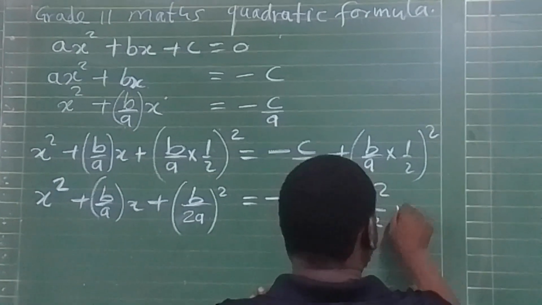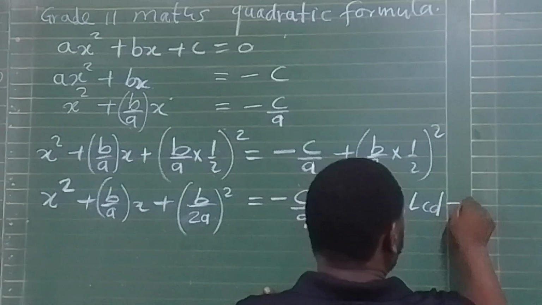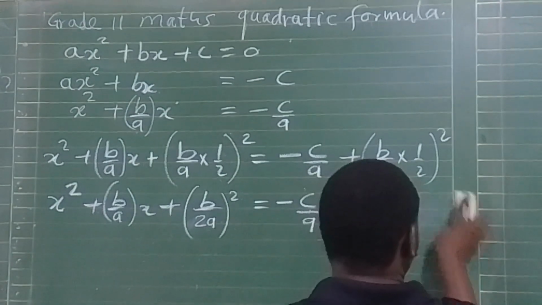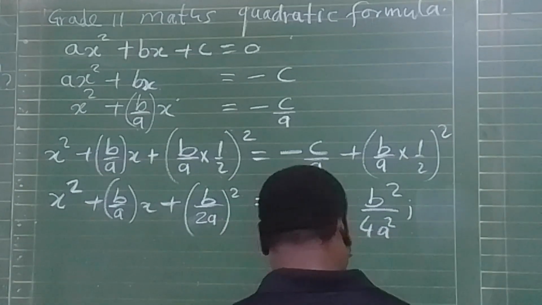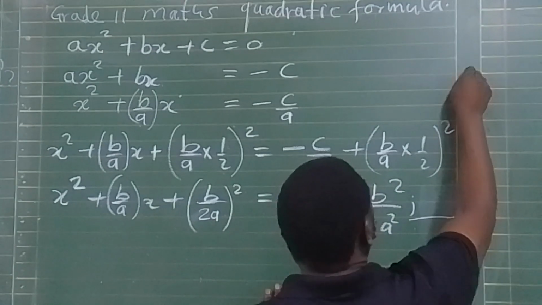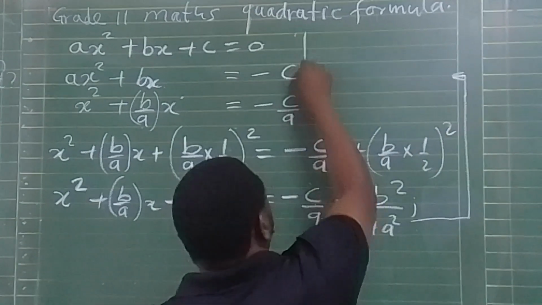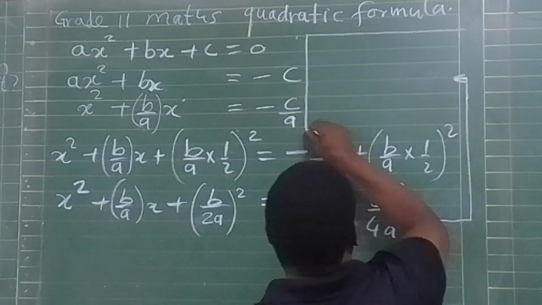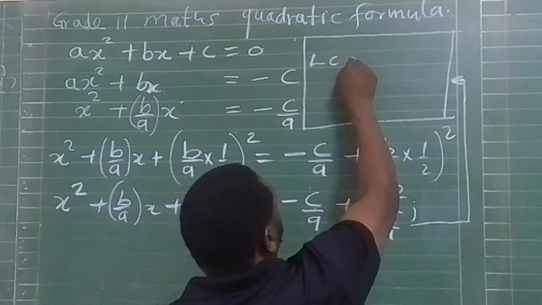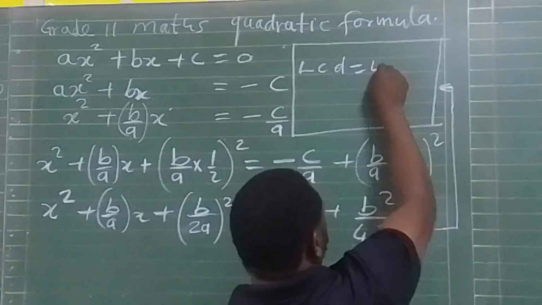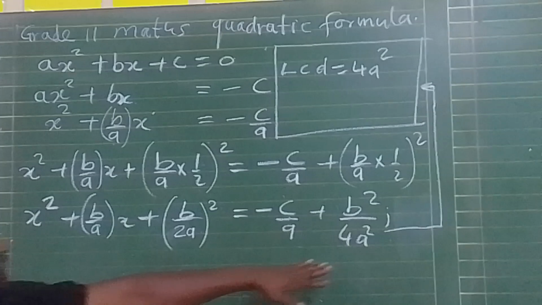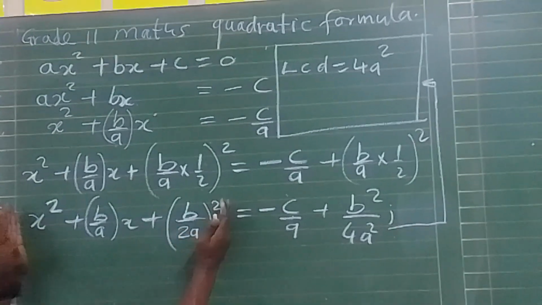Now here we're going to find the LCD. Our LCD is equal to 4a squared. Since we have that LCD as 4a squared, we are going to factorize this part.